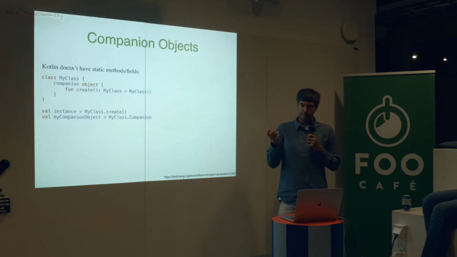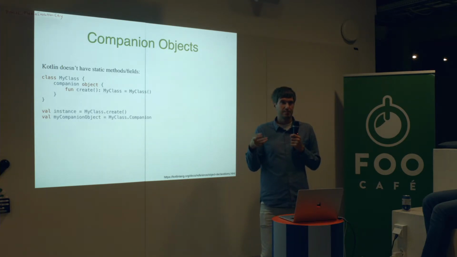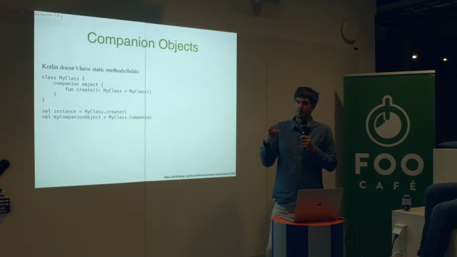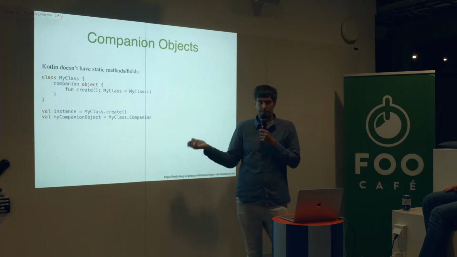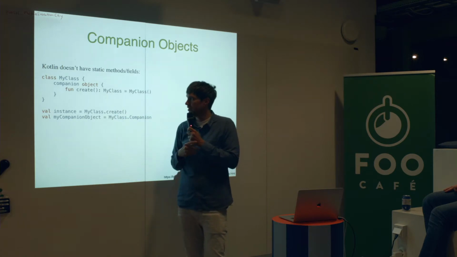But package-level functions cannot access private state inside a class. And sometimes you might want to do that. In Java, it's quite common that you have these factories to create instances or something. This is a way to get rid of these factories and replace that code inside a companion object instead.